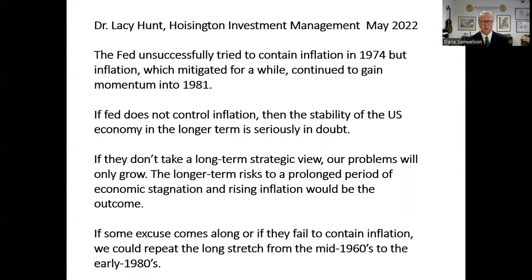And that's what Paul Volcker did in 1979. Consequences be damned. He took the longer-term strategic view. The longer-term risks to a prolonged period of economic stagnation and rising inflation would be the outcome. If some excuse comes along, or if they fail to contain inflation, we could expect a repeat of the long stretch from the mid-60s to the early 1980s.